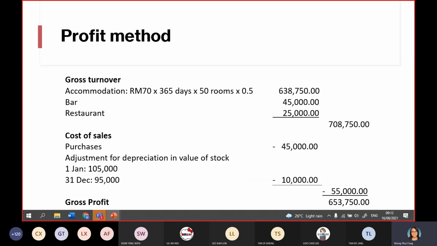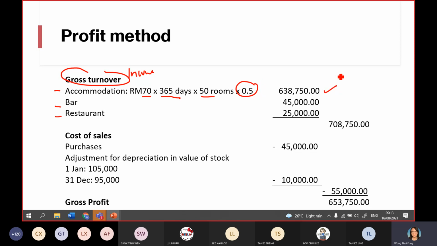So first part, first calculate the income. As I mentioned just now, the income comes from 3 parts. Accommodation, so 70 ringgit per night, times per year, 50 rooms, assuming 50% occupancy rate, because it's not always full house, so assuming 50%.